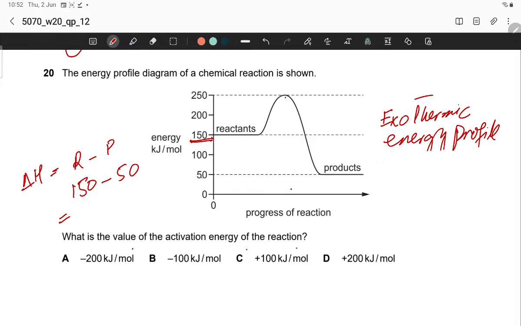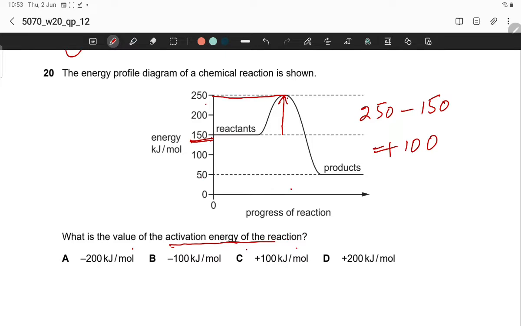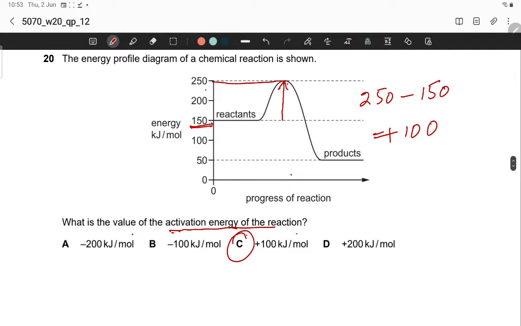Activation energy is positive because this is not the delta H of the energy profile. The activation energy here is up to 250, and starting from 150 this will be 100 plus 100. So C must be the correct option. The question asks about activation energy. It is very important to read the whole question first.